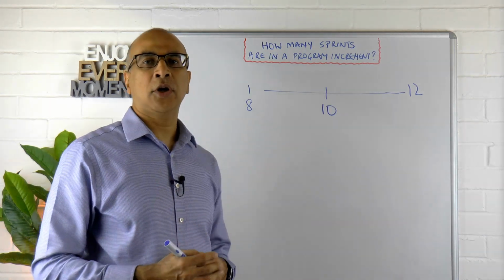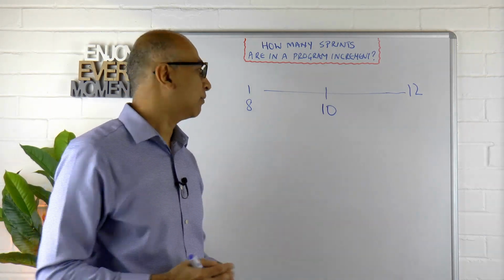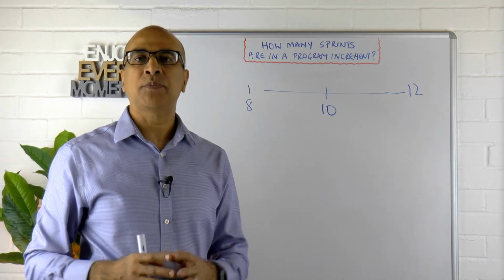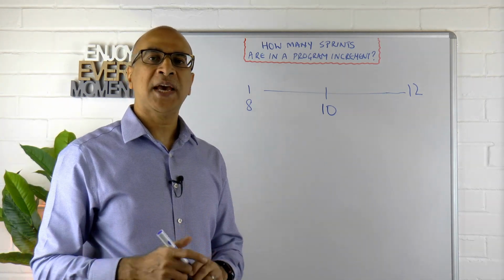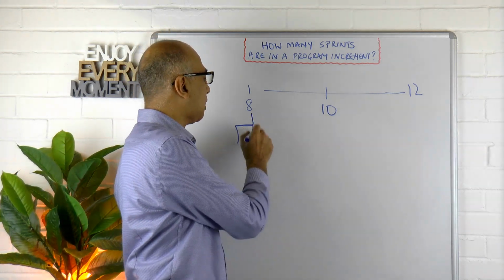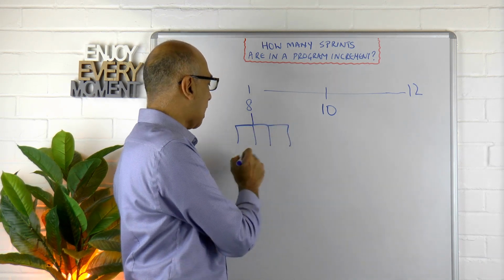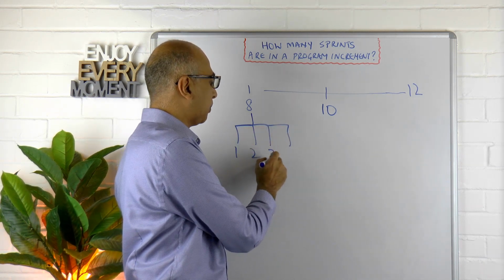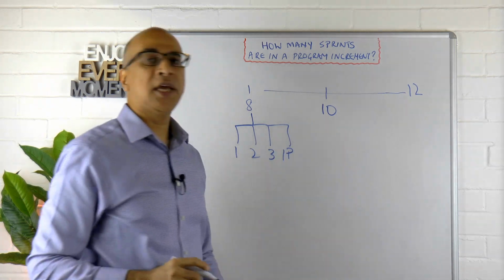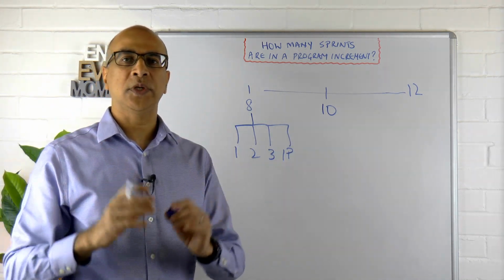Okay, so let's have a look at the 3 different options that we have. If we go with an 8-week program increment, then we have 3 sprints and 1 innovation and planning sprint at the end. Each sprint is going to be 2 weeks long.